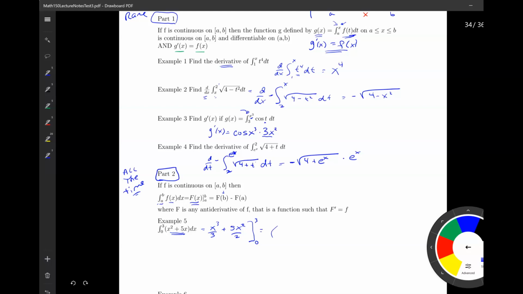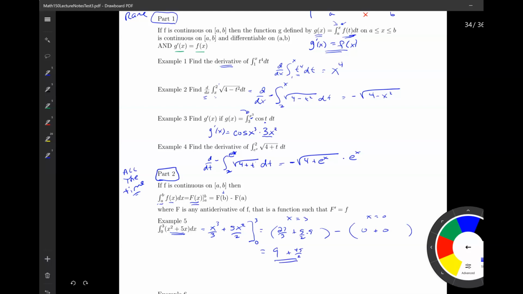So what I'm going to do is plug in x equals 3 into the function, and then subtract off plugging in x equals 0. So if I plug in x equals 3, I get 27 over 3 plus 5 halves times 9. And when I plug in 0, I get 0. So this gives me 9 plus 45 halves. And I can just leave it like that.